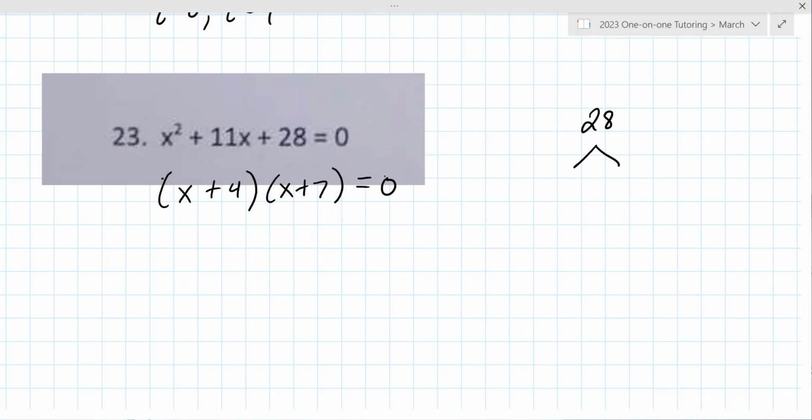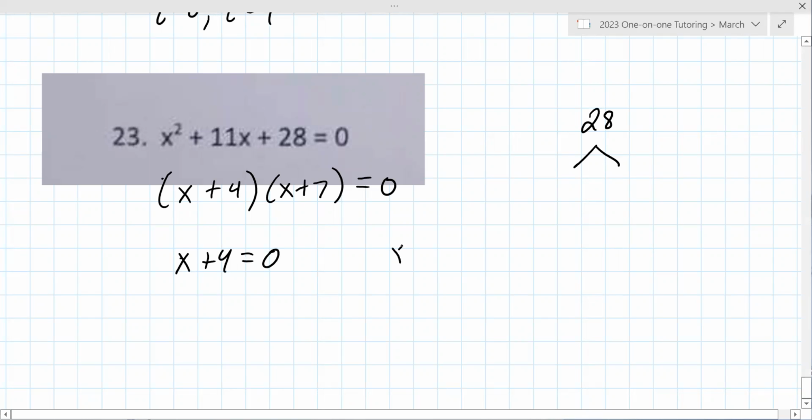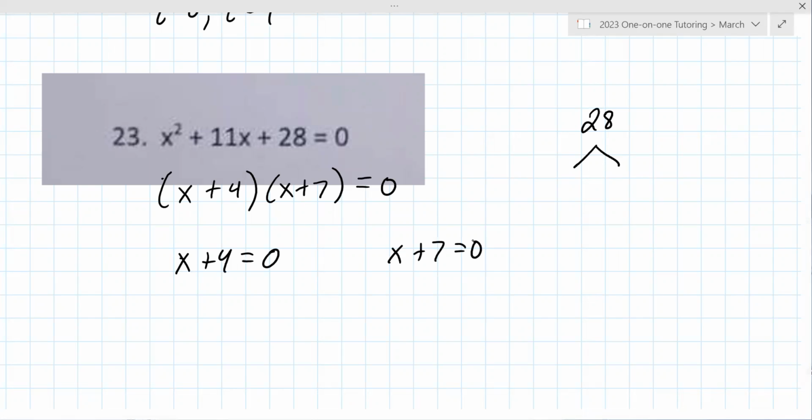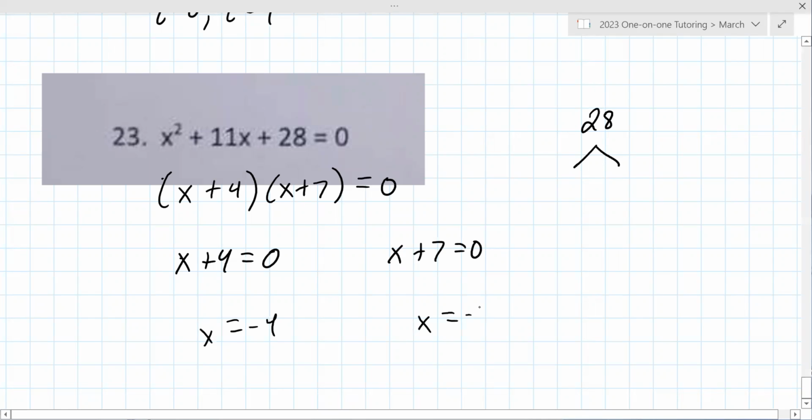Would it be to get the x's by themselves, or to get it to equal 0? So x plus 4 equals 0 and x plus 7 equals 0. Yeah, very good. That's exactly it. So I got x equals negative 4 and x equals negative 7.